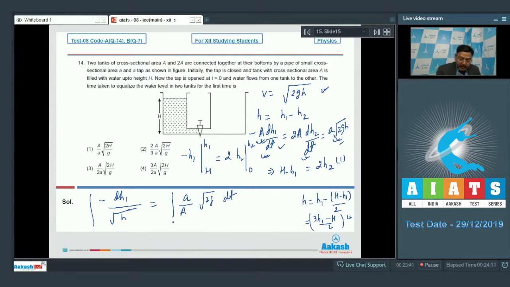The value of h1 when the levels become equal, we have h1 plus 2h1 is equal to H, or h1 will be then equal to H by 3. So from H it becomes H by 3. That's the proper limit for the integration, and then solving it we find that value of t turns out to be equal to 3A by 2 small a under root 2H by g, which is matching with option 4. So option 4 is correct for question 14.